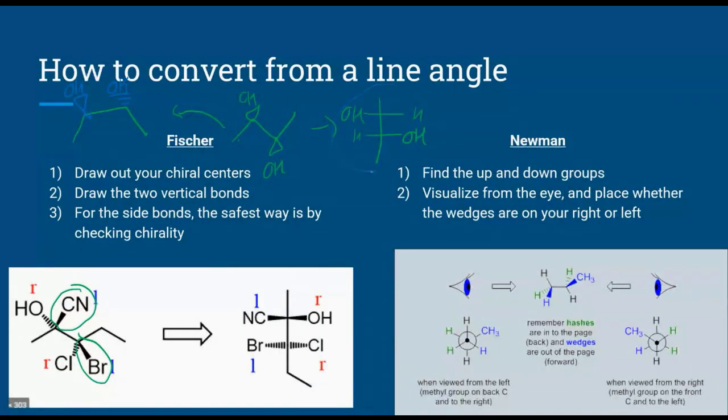Now it matches this group right here. When you have complex molecules, it might be hard to turn the molecule into this shape. So what I advise is instead to figure out the chirality and make sure it matches on these groups right here. So check chirality.